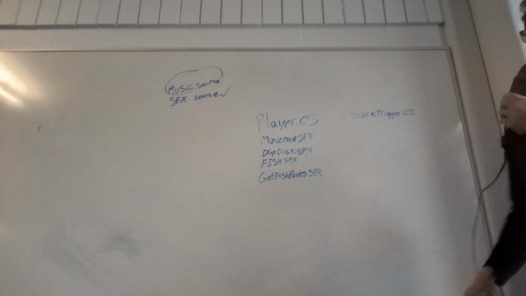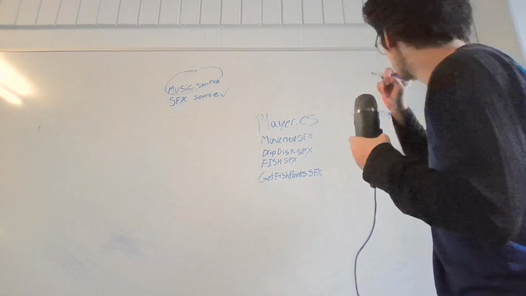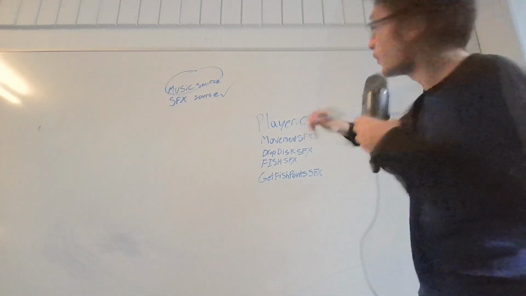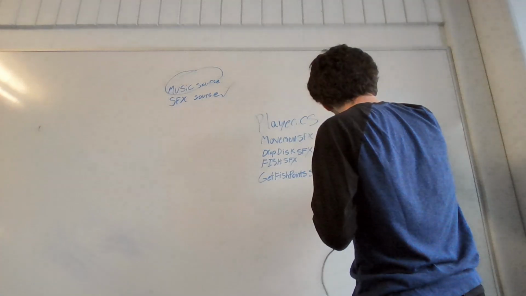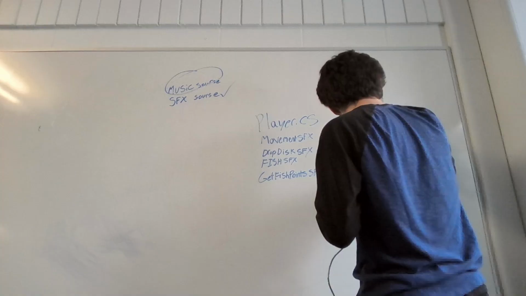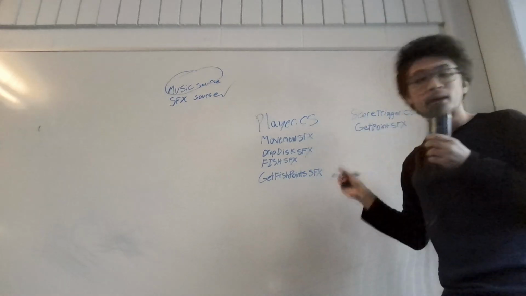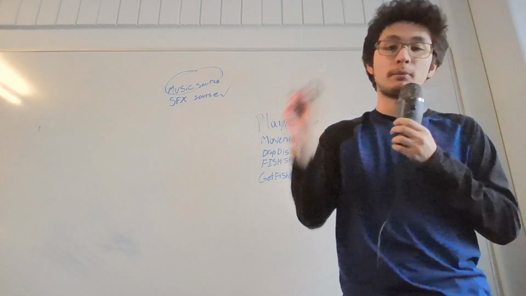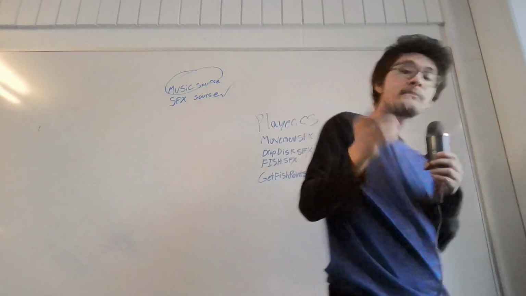Score trigger has SFX. Why? Because of two reasons. Number one, I have a get points SFX. So when you get points with a regular disc, it'll play the get points sound effect.